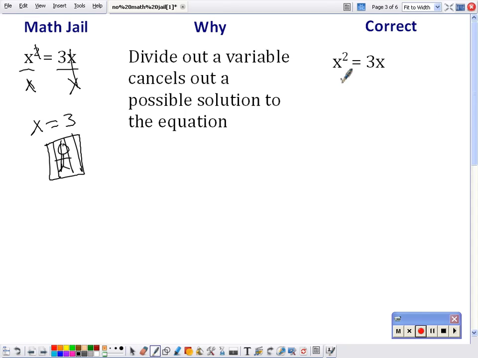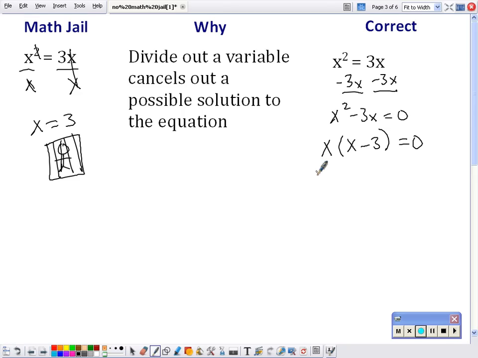What we need to do, as stated before, is set the equation equal to 0. So let's say we've got x squared minus 3x equals 0. What we need to do is solve this quadratic by the most efficient manner. Now in this situation, it's just easy to factor out the x, not divide by the x, factor out the x.